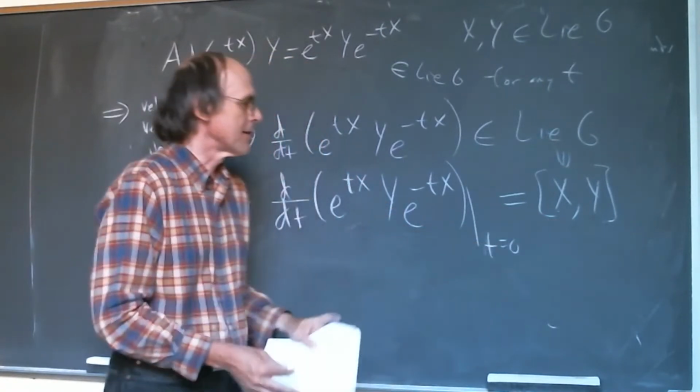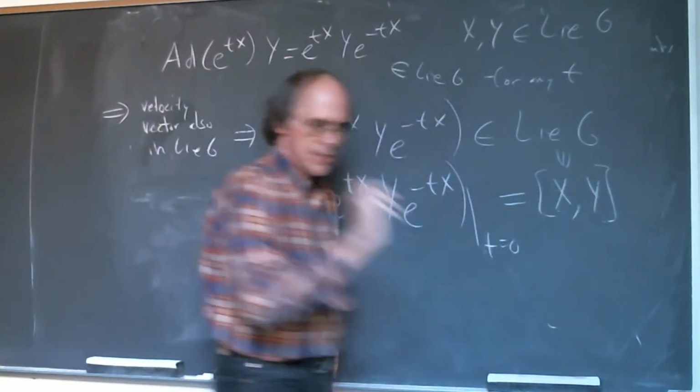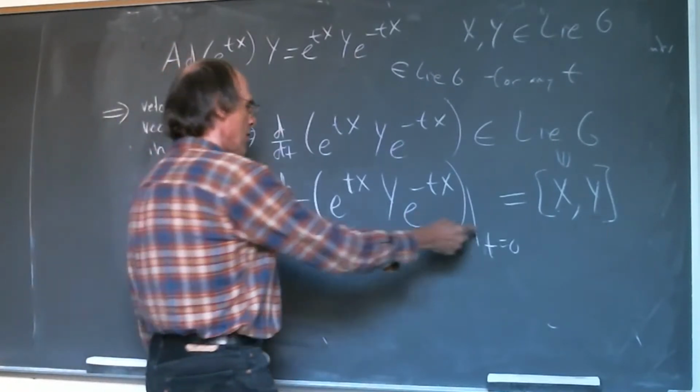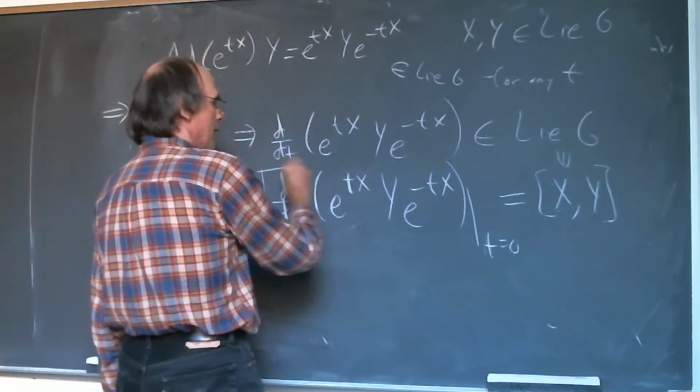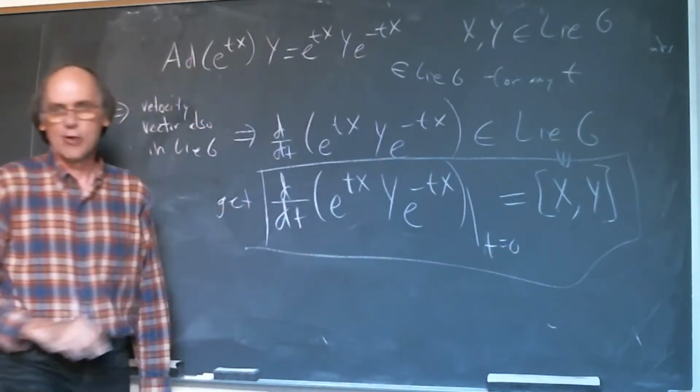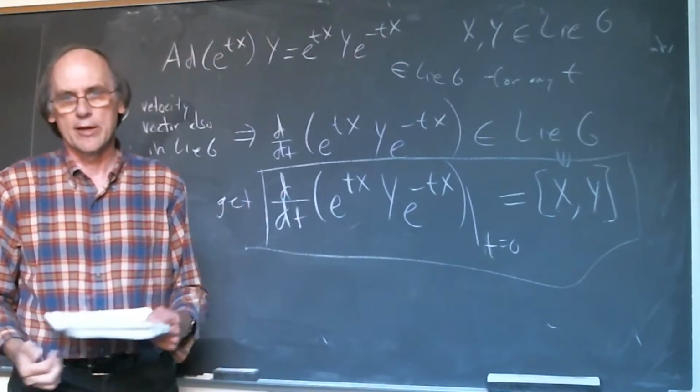So instead of just thinking of this as a difference between two products, it's often a good idea to think of it this way. Remember this formula. We're going to find it very useful as we go on.